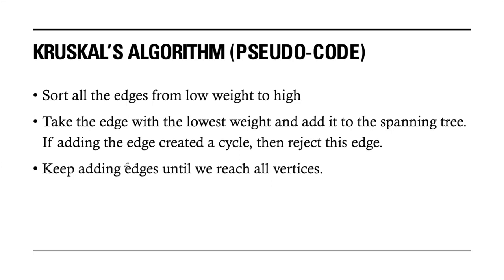You keep adding edges until we reach all vertices. Or, if you remember the three conditions given a while ago, we actually only need to add edges until the total number of edges is n minus 1. Okay? That's the Kruskal's algorithm.